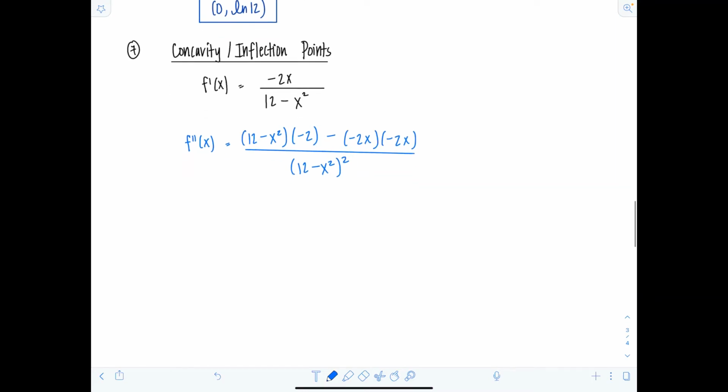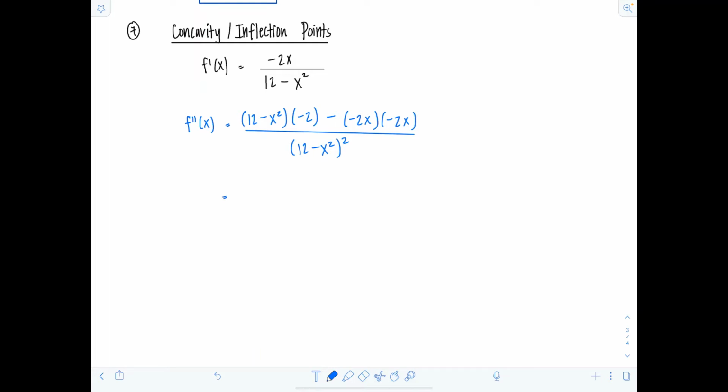All right, now we clean up the numerator. So I'm going to distribute the negative 2. We've got negative 24 plus 2x squared. Count up your negatives. I've got 1, 2, 3. Okay, so this term's going to stay negative 4x squared over 12 minus x squared squared.